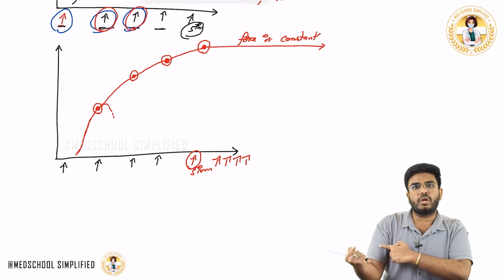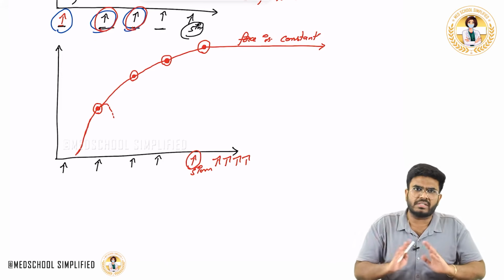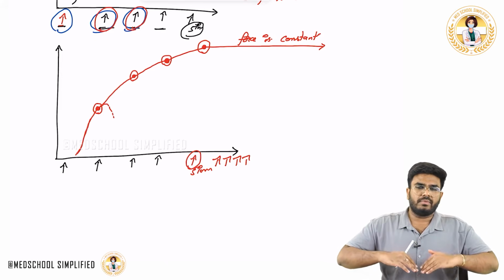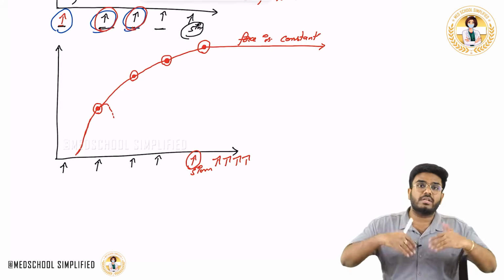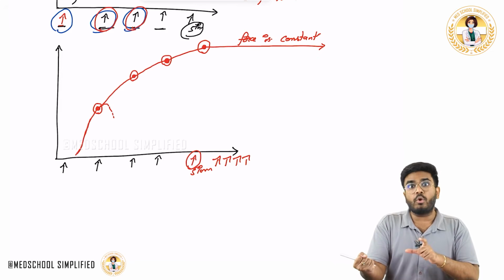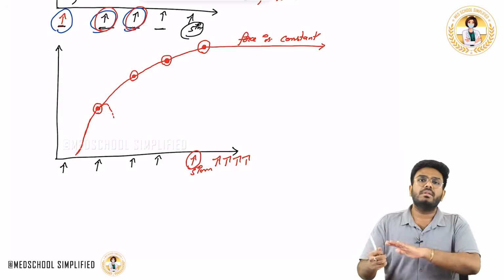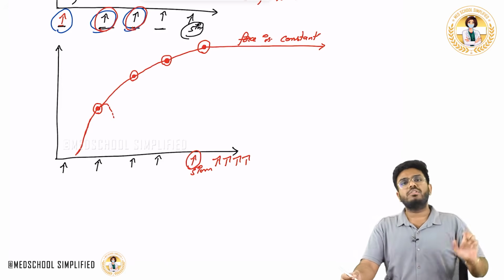It is not going to increase gradually. Your muscles are designed in such a way that they have limited capacity. They are not going to increase the force exponentially. First time you stimulate it, contraction. Second time you stimulate it, more powerful contraction, more powerful contraction. After some time, the force generated by the muscle is going to be constant.